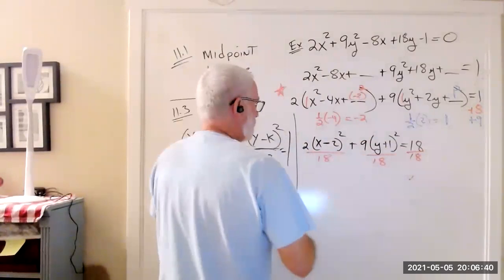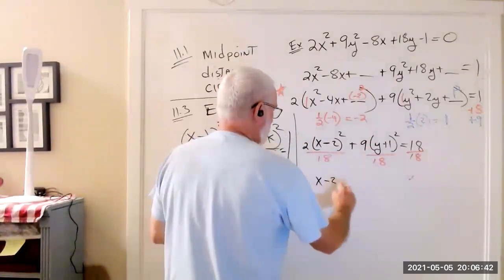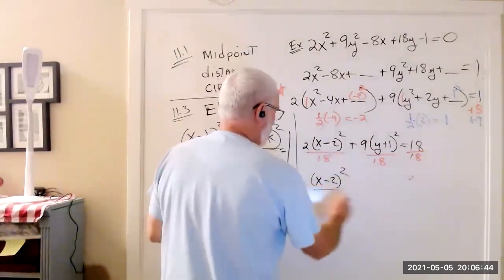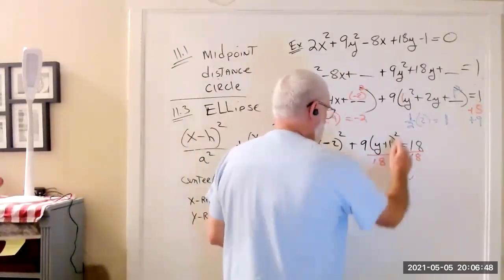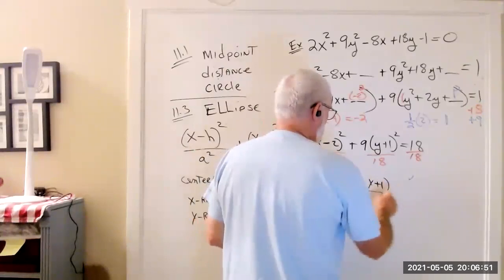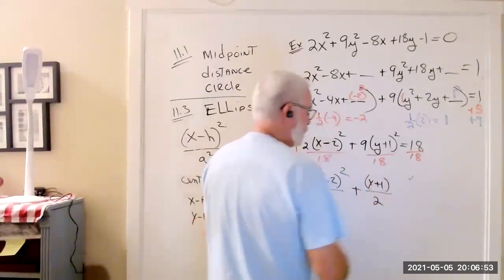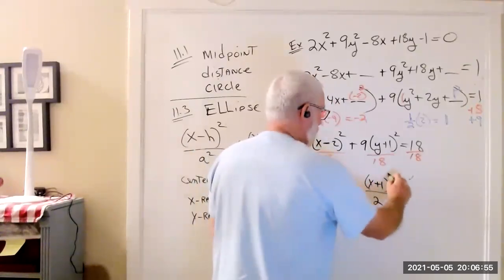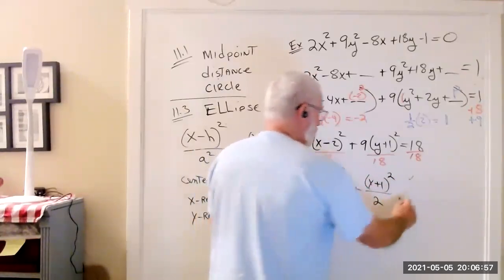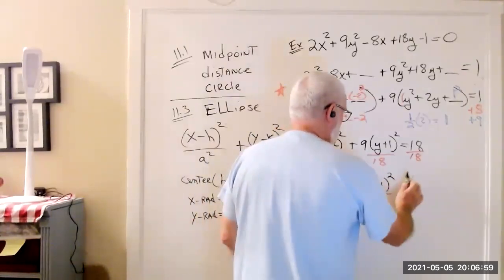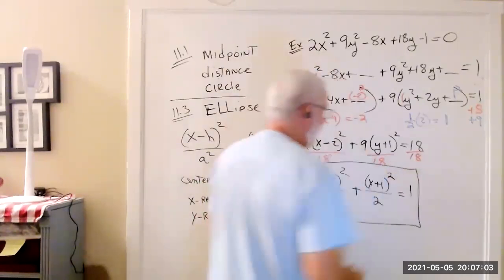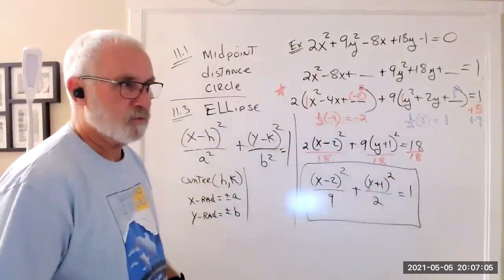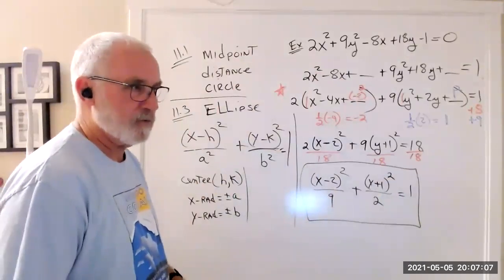So this is x minus 2 squared over 9 plus y plus 1 squared over 2 equals 1. And now it's in form ready for us to graph.